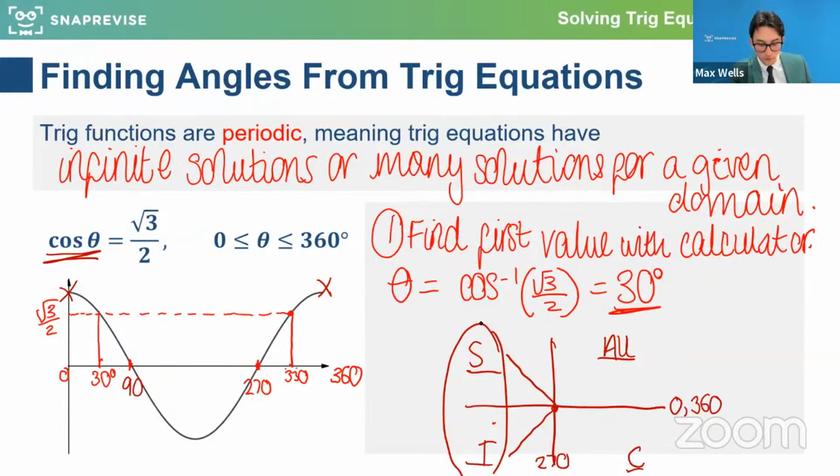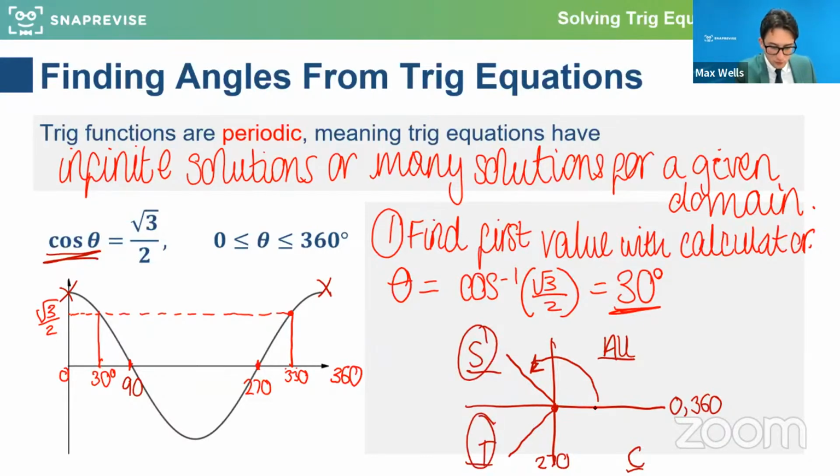So then your first value that your calculator would give you would not be in the All section, it would be an obtuse number if cos was negative. And you'd know, cos is negative where it's not positive, so it would be in here and here. And then whatever that is, you take it back from 360, and that's how you could use that for a question like that one, Zach.